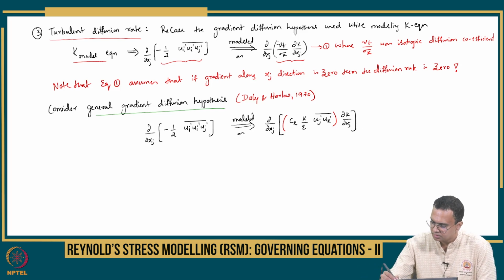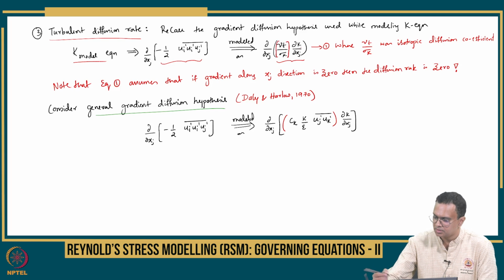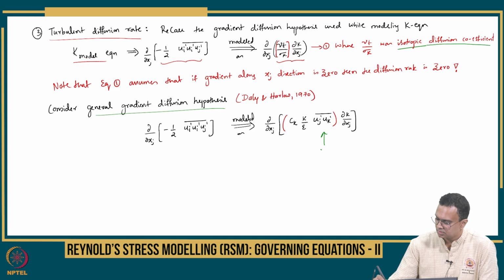Here you had nu t by sigma k, that is the isotropic diffusion coefficient. That is now replaced with uj prime uk prime, which accounts for anisotropic behavior.